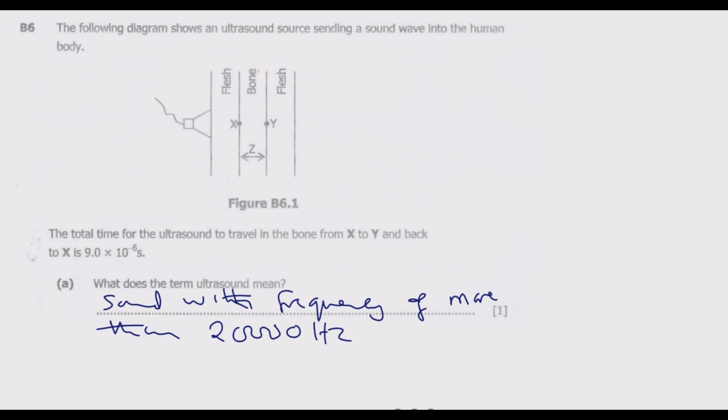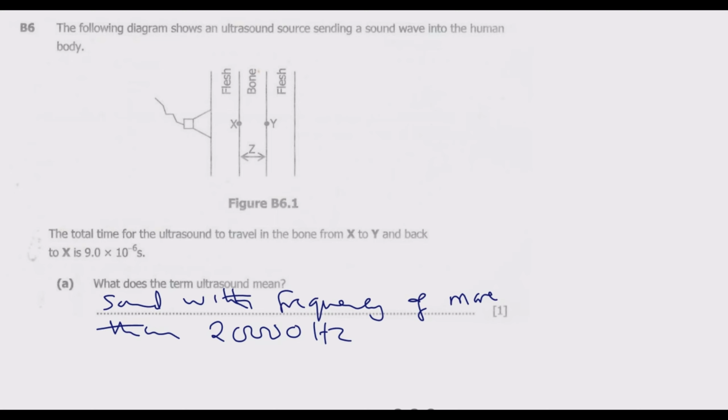Just to take note, the human ear can hear sound with frequency ranging from 20 Hz to 20,000 Hz. So sound below or above this range cannot be heard, but sound above 20,000 Hz or 20 kHz is what is termed as ultrasound. So basically this is how you answer question A.